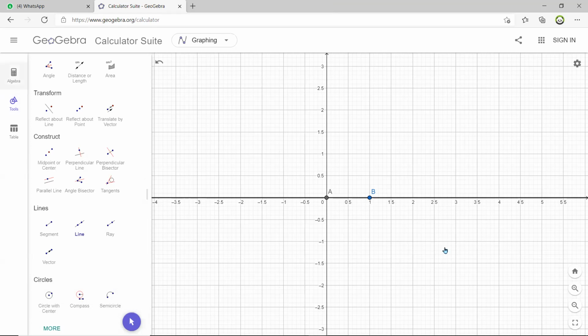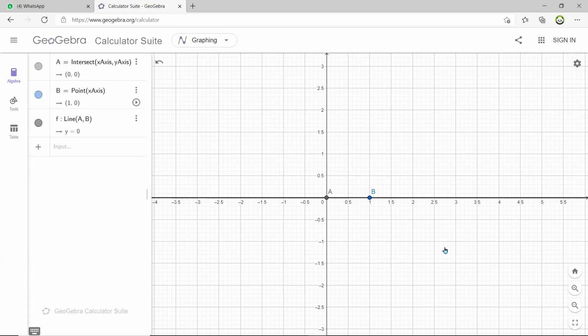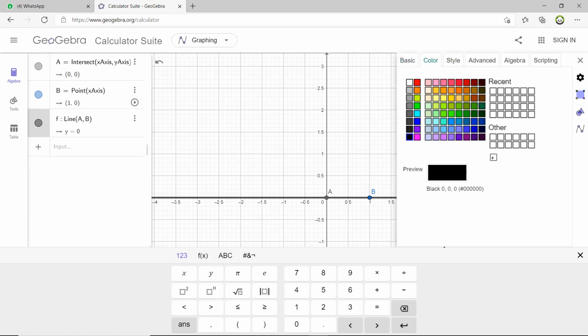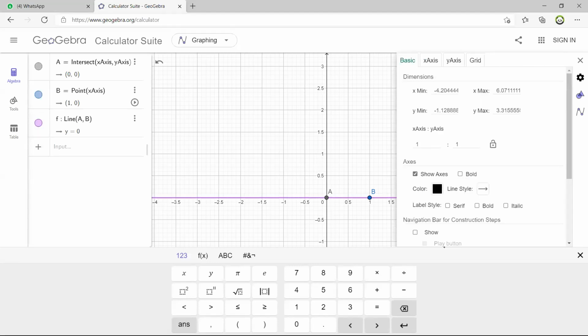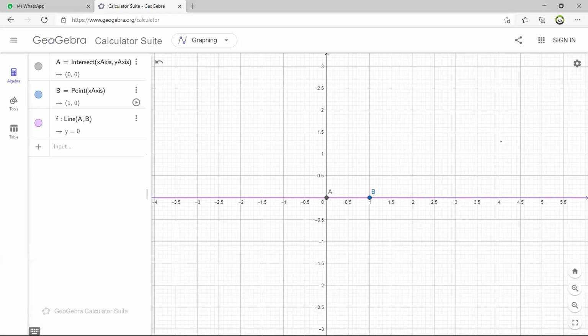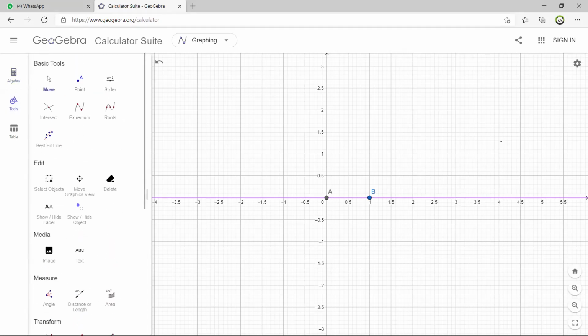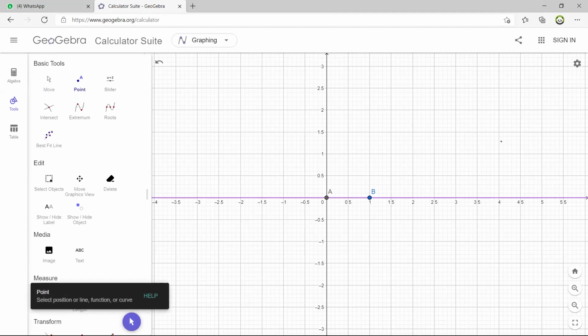I'm gonna change the color of this line, I guess. Okay. All right. Now, what we need to do now is we need to have another side of the triangle. So one side of the triangle is this line segment AB.